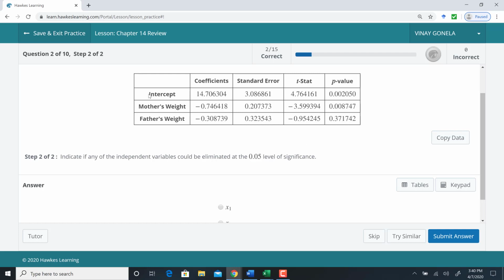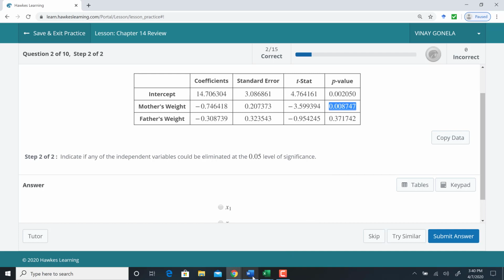You won't touch the intercept at all, so intercept will always be there, so don't think about intercept. So I'm looking at the p-value for mother's weight, and I'm asking myself, is it less than 0.05? If it is less than 0.05, then it is significant. If it is more than 0.05, it is insignificant.